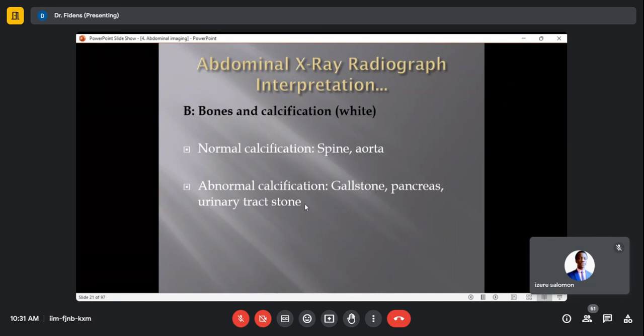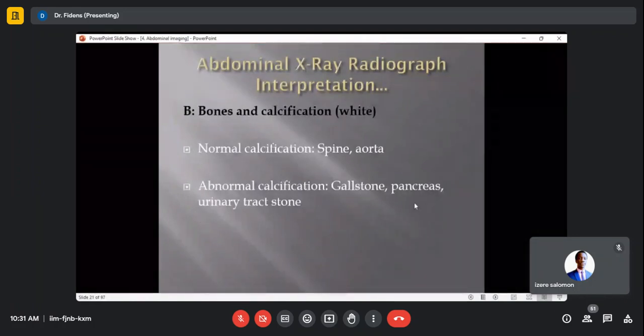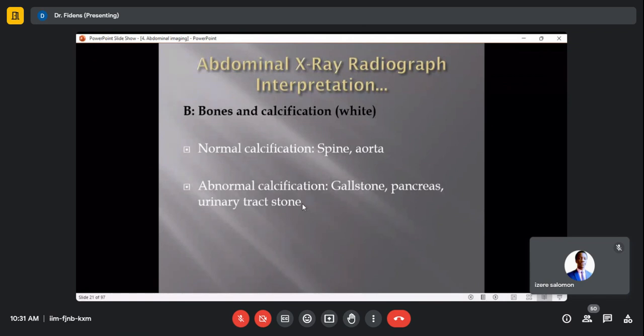But you can also see some abnormal calcifications, like gallstones, the stones in the gallbladder, pancreatic calcifications in the case of chronic pancreatitis, and urinary tract stones, either in the kidney, which can be diagnosed on plain abdominal X-ray, or in the ureters, or even the bladder. You can still diagnose some calcifications or stones or calculi. So when you say B, it's about bones and calcification.